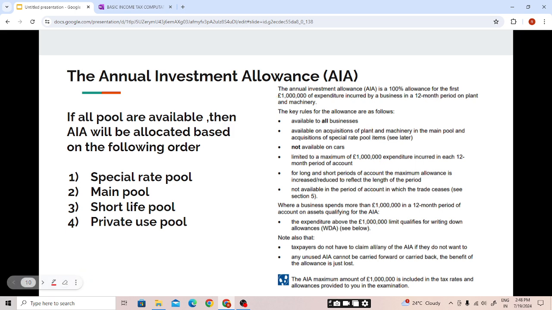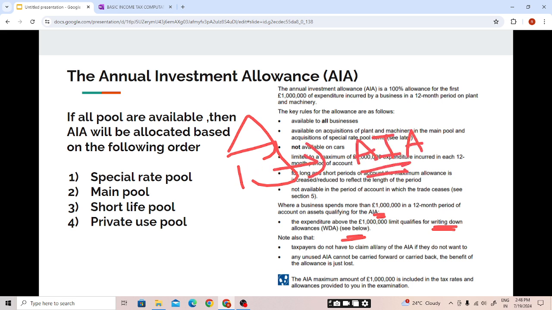Where a business spends more than 1 million pound in a 12-month period of accounts on an asset qualifying for AIA, the expenditure above the 1 million pound limit qualifies for WDA. So students, if I purchase an asset, first we'll calculate and claim AIA.